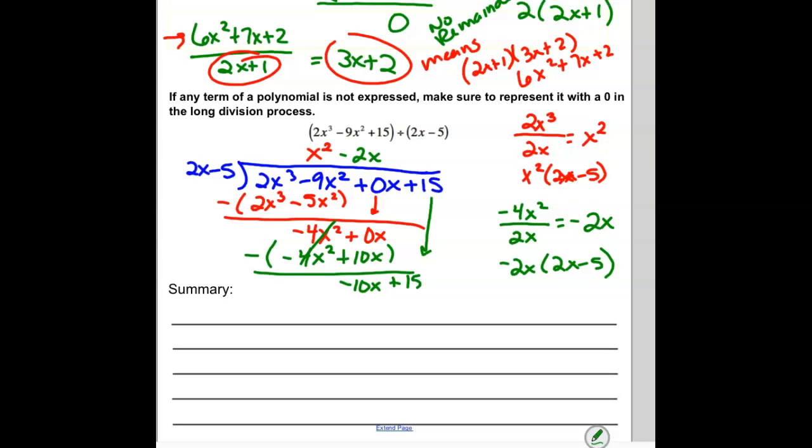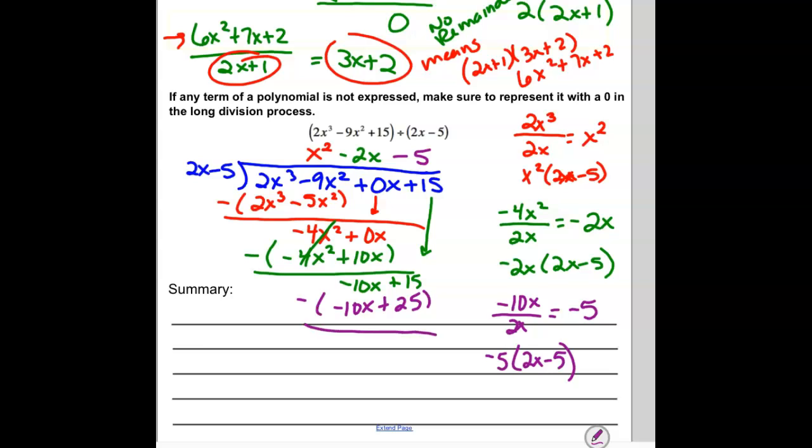One last time, we're going to take our first term, negative 10x, and divide by 2x, which leaves us a negative 5. We put that on top, and then we multiply negative 5 times 2x minus 5. We get negative 10x plus 25, and then we subtract.